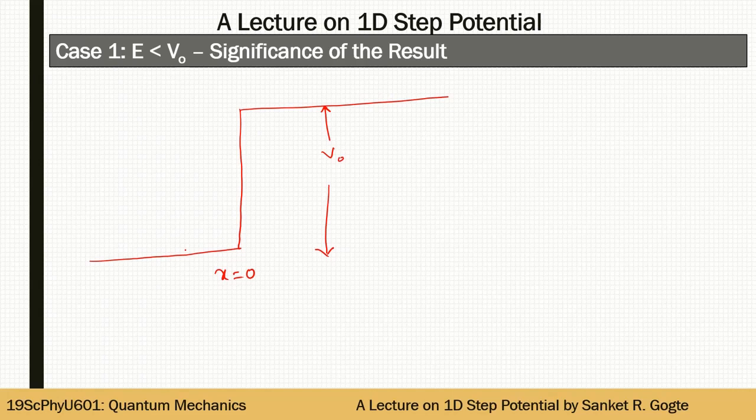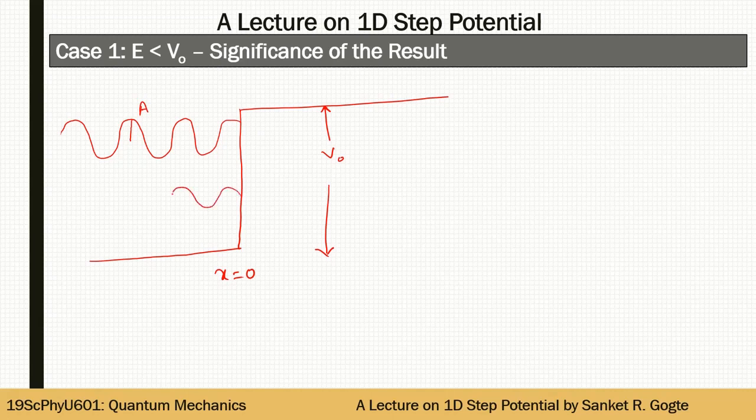So we have the incident particle, and it is now represented by the traveling wave, like this. Now this A is the amplitude of this wave, which is the coefficient of e to the power ikx. Now the reflected wave is B into e to the power minus ikx.